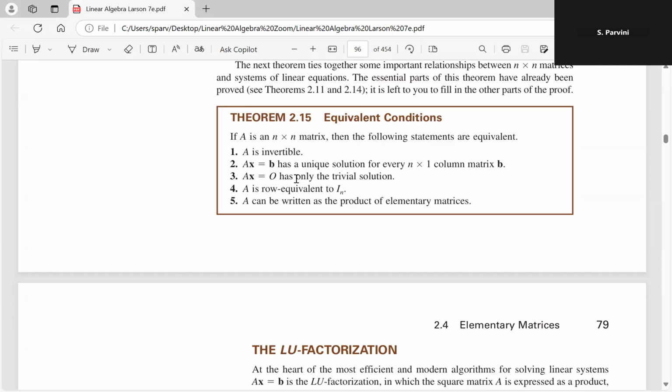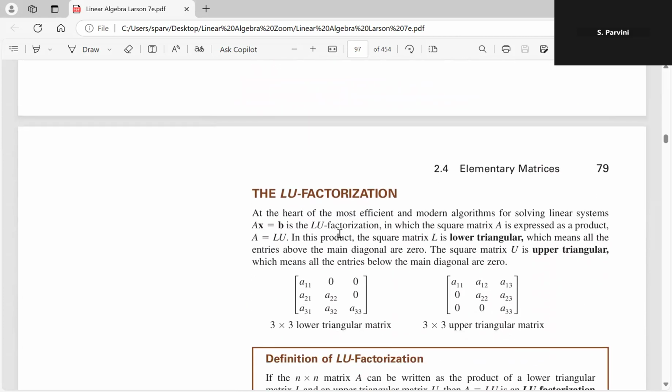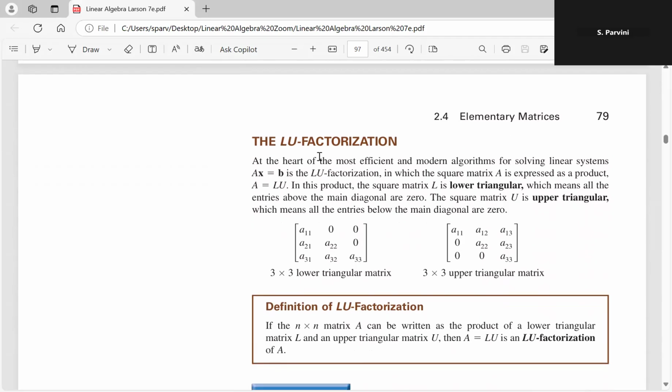Let's go to LU factorization then. The idea here is this. First, what are L and U here? You're looking at a lower triangular matrix, 3 by 3. This is the L in the LU factorization.